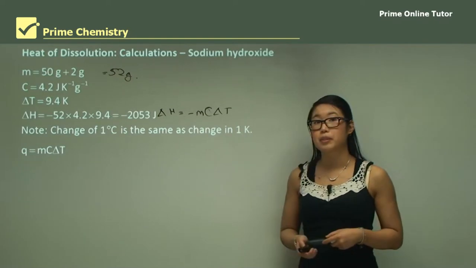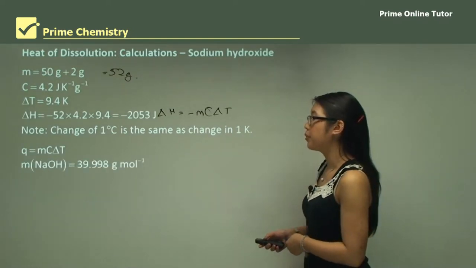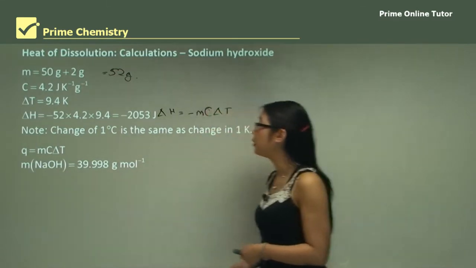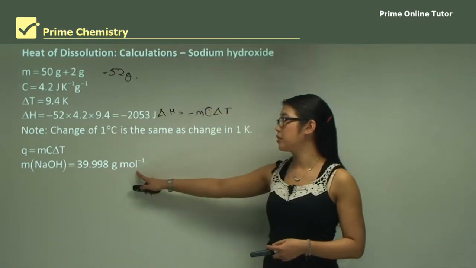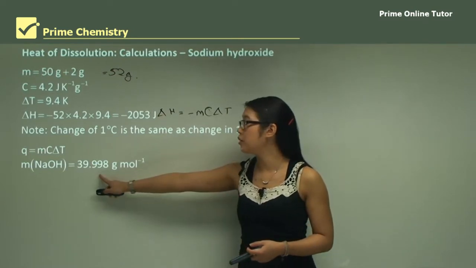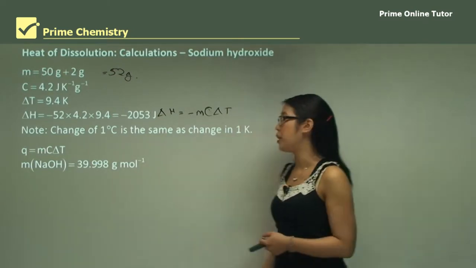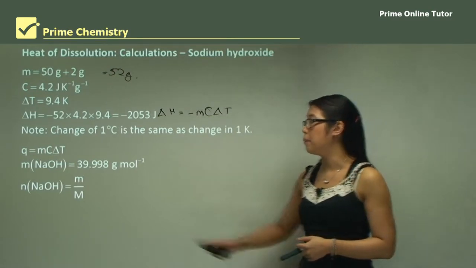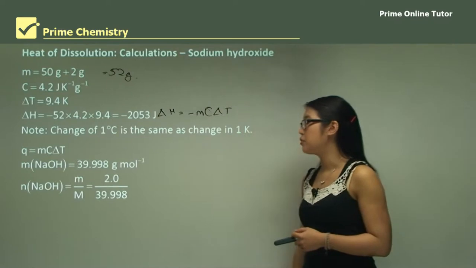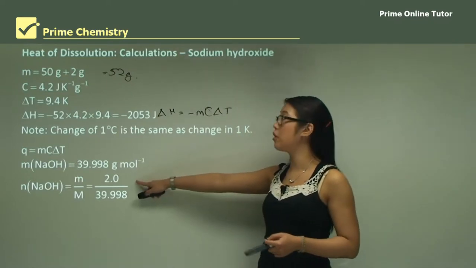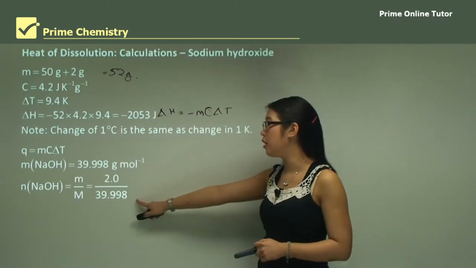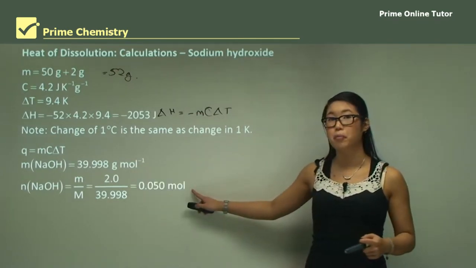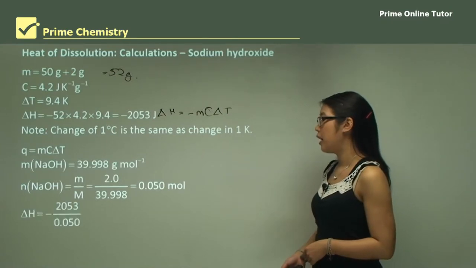So Q equals mc delta T, and we know that we need to calculate the moles of the sodium hydroxide. So sodium hydroxide, the molar mass is 39.998 grams per mole. Remember the equation n equals mass over molar mass. Substitute the 2, we had 2 grams of sodium hydroxide we added to the water. Divide this by the molar mass, and we get 0.05 moles of sodium hydroxide we used.